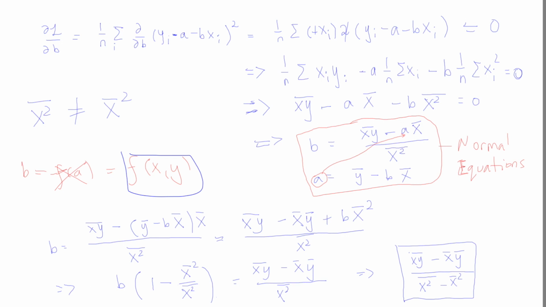Now, let me just take a quick minute to explain why this is nice. So remember, here's our line. This is y equals a plus bx. This is our x, this is our y. b is equal to the slope of the regression line.